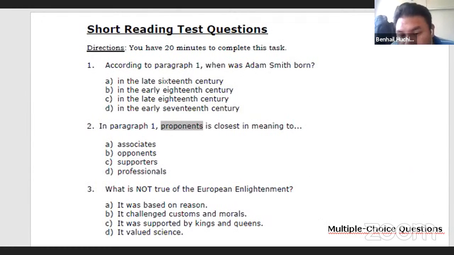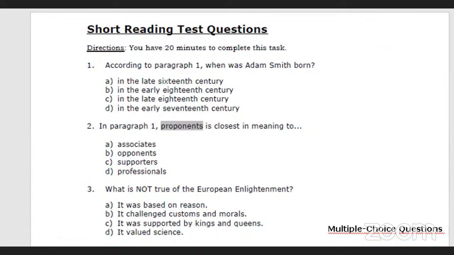what is not true of the European Enlightenment? It was based on reason. It challenged customs and morals. It was supported by kings and queens. It valued science. What do you think? Can we read the text again?